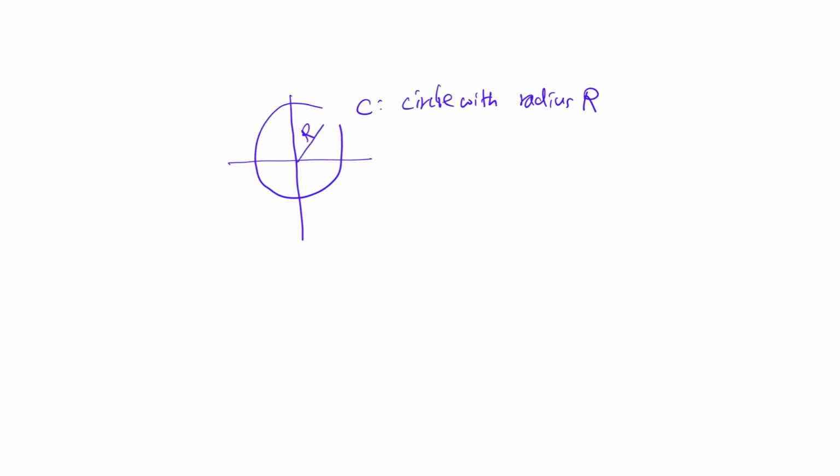Let's call this point z as R exponential i theta, right? Then dz is R exponential i theta, i d theta.